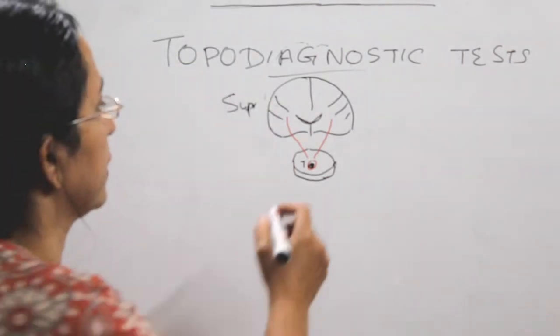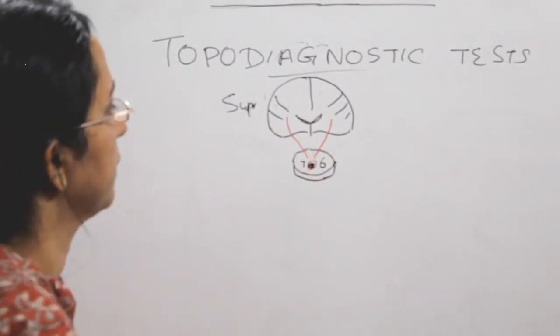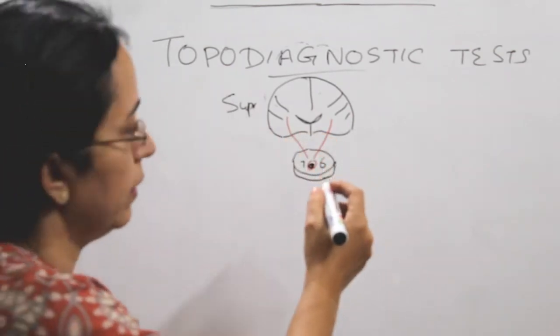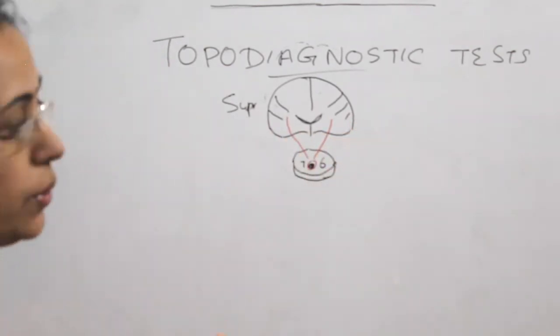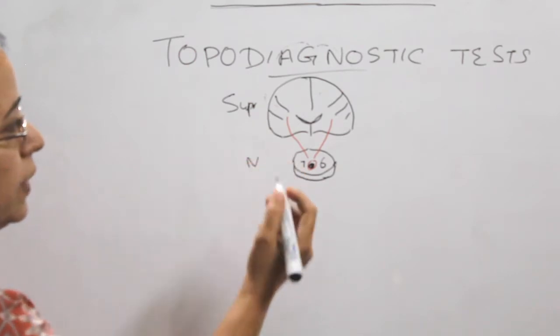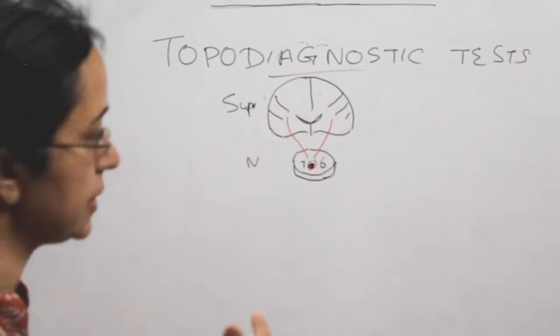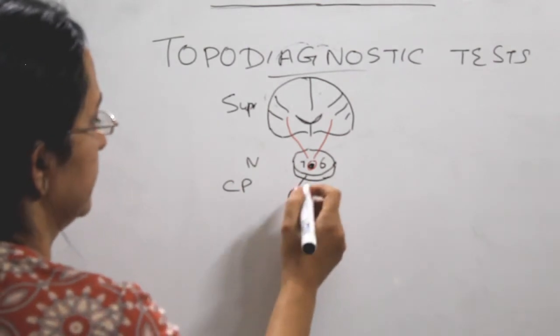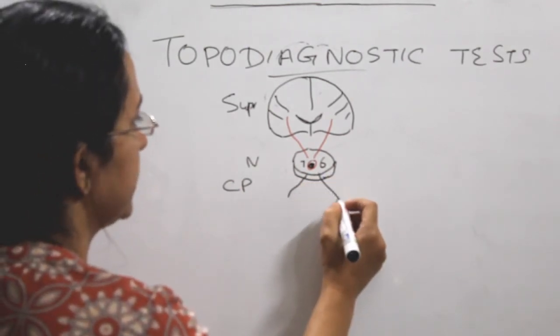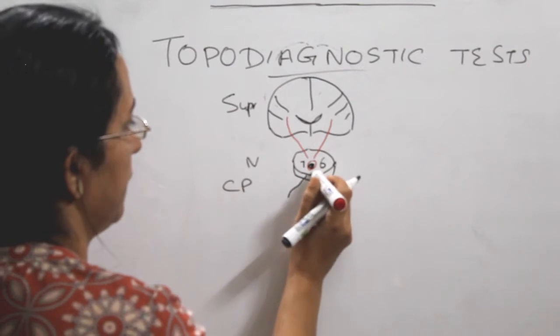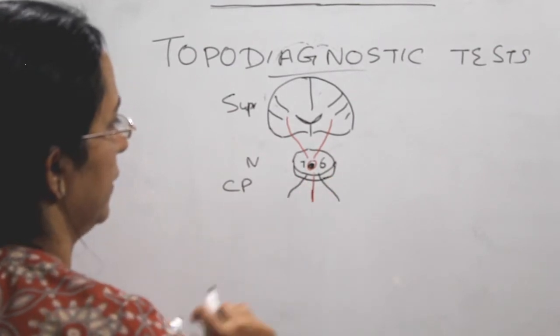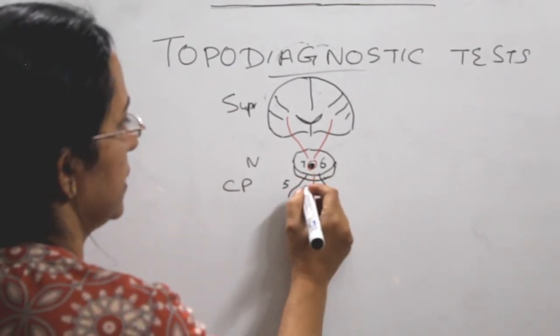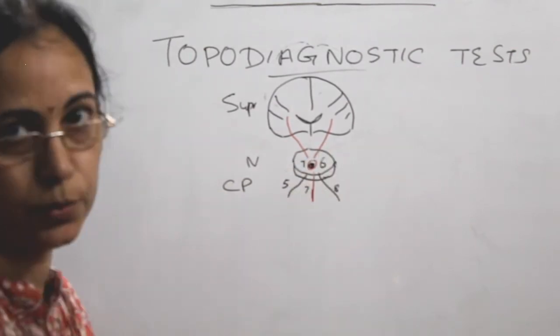That is the 6th one. And from there it comes out; this is the nucleus, and then the exit is at the CP angle along with the 5th, 7th and 8th, vestibulocochlear.